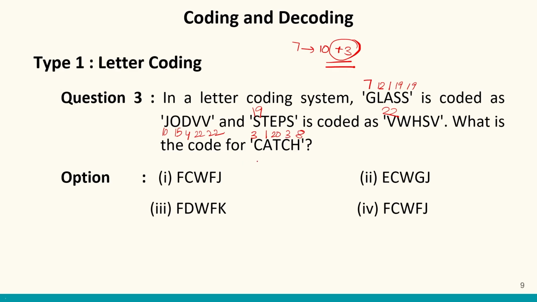So we have to find plus 3 codes, that is 6, 4, 23, 6, and for 8 also we have to move 3 positions forward. That will give us 11. So at 6 we have F, D, at 23 we have W, at 6 we have F, and at 11 we have K. So our code will be FDWFK, which is option number 3. So option number 3 will be your answer.